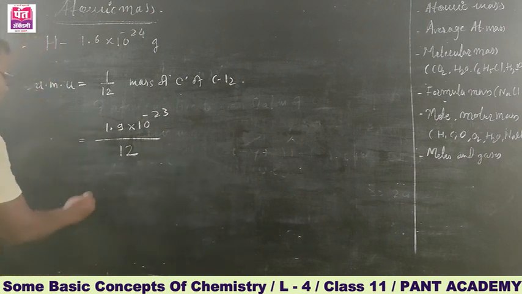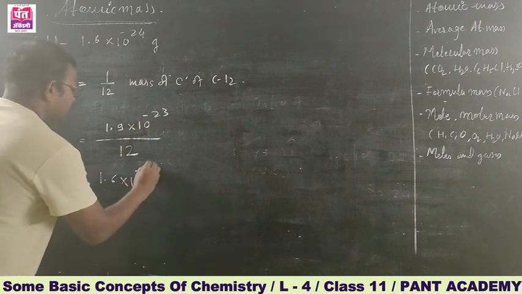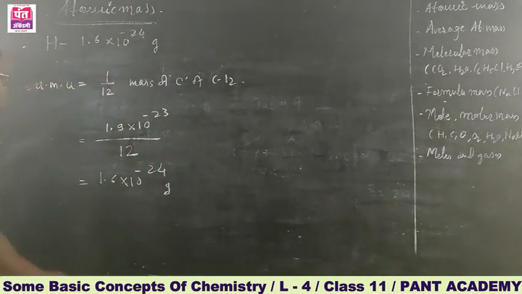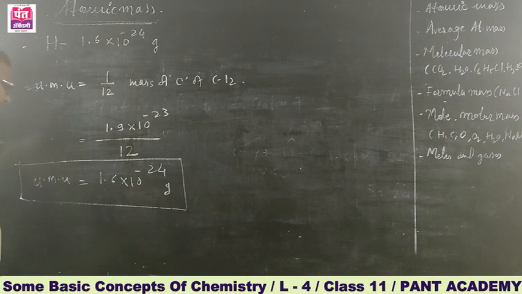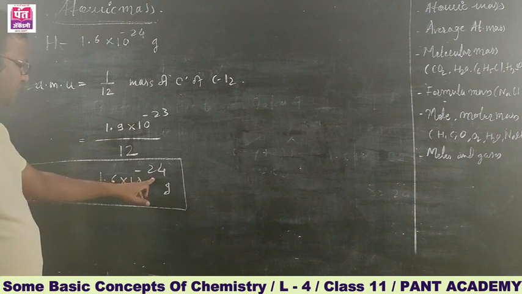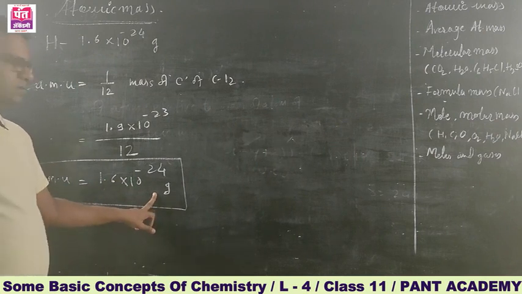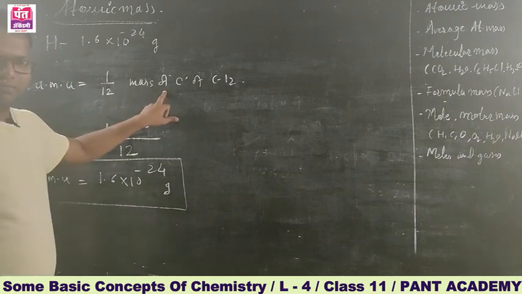If you calculate this, you get 1.6 into 10 raised to minus 24 gram. That is AMU. You get this. Means one atomic mass unit is equal to 1.6 into 10 raised to minus 24 grams. Minus 24 grams आपल्याला मिळतात. Got the point? So this is the relation between atomic mass unit and mass of a carbon.